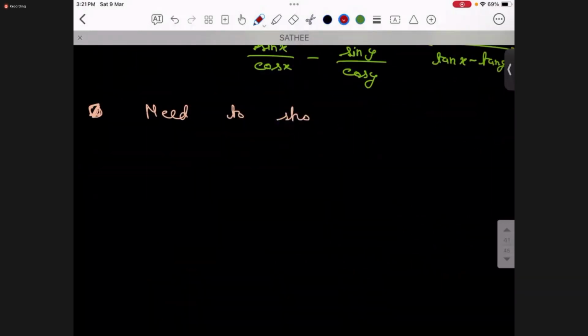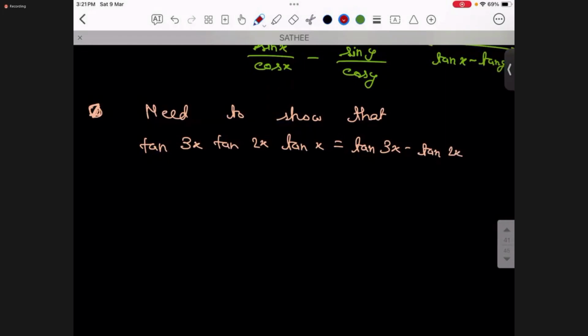We need to show that tan 3x tan 2x tan x equals tan 3x minus tan 2x minus tan x. Now the thing is, from where should you start in this question?